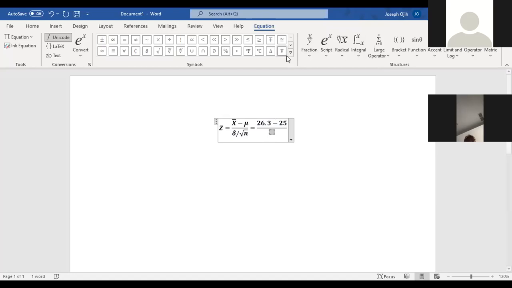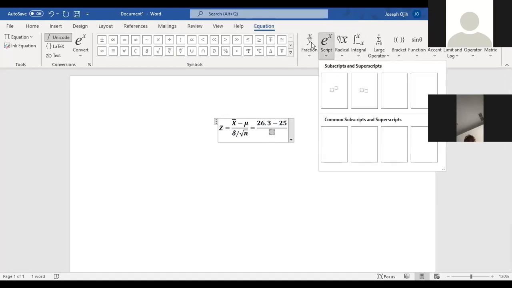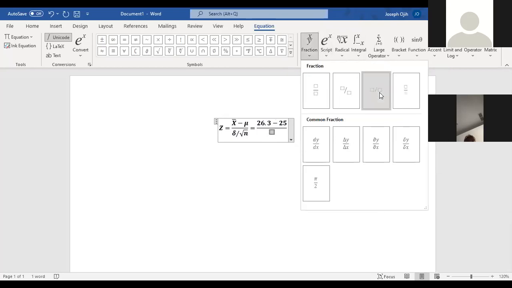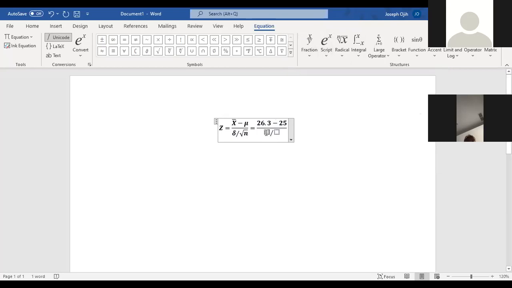of 3, divided by square root of n. I'm going to put this right here.